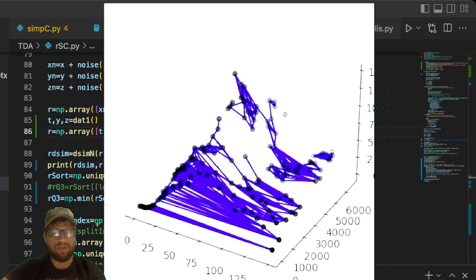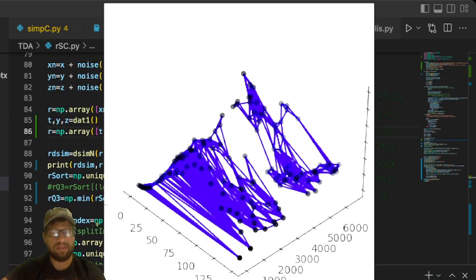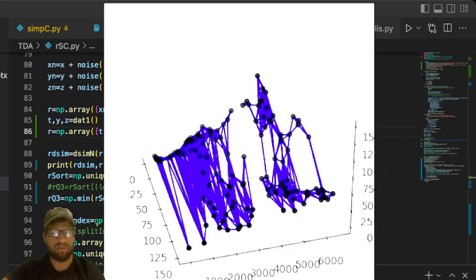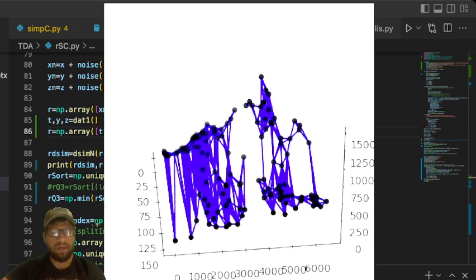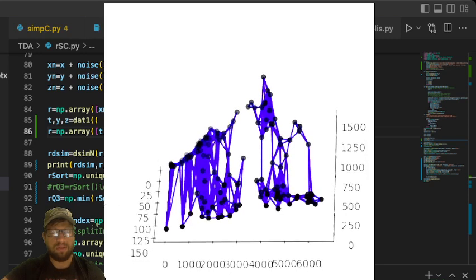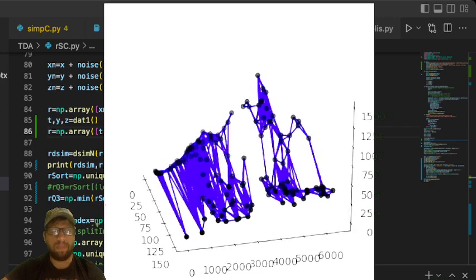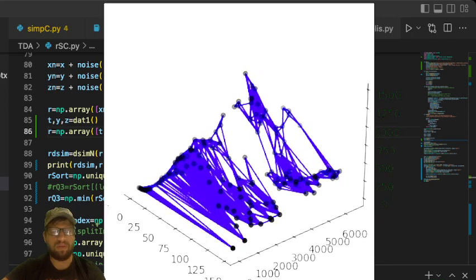But what is interesting is you'll notice there's kind of a gap, and that interested me a little bit because this gap is almost fairly clearly between 3 and 4,000 people tested or so. And I think it's a great visual. The simplicial complex kind of broke these two up as far as distance between.